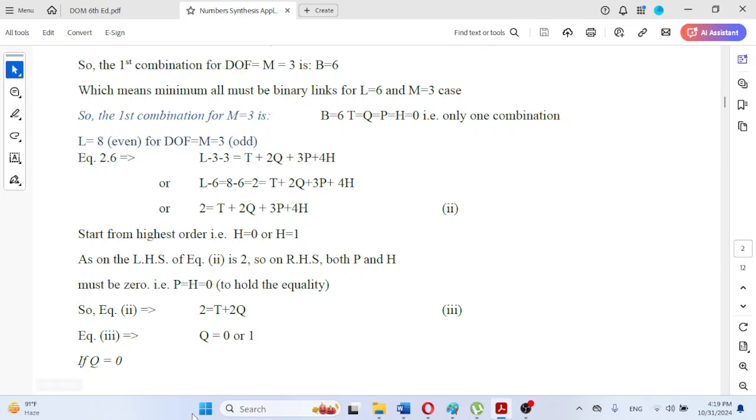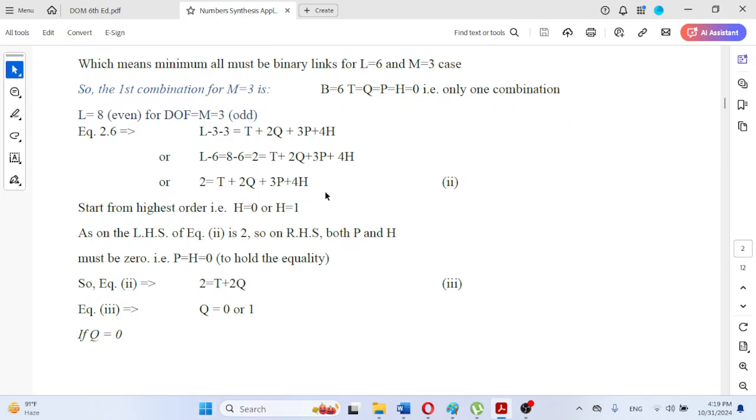Also P cannot be equal to 1, because if P is equal to 1 then there will be plus 3, and on the left hand side there is 2, so it is also unsatisfying. So both P and H must be 0 to hold the equality.